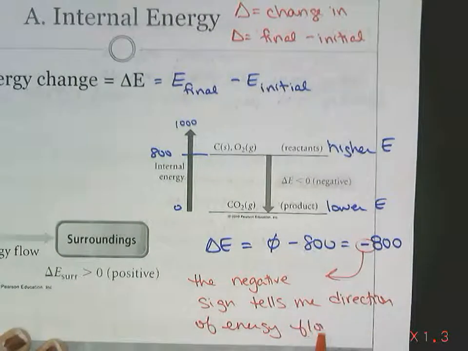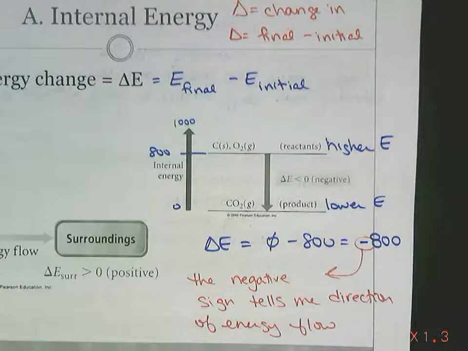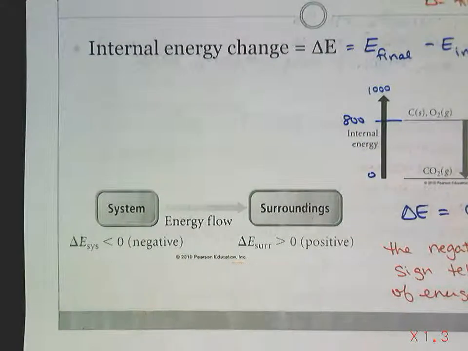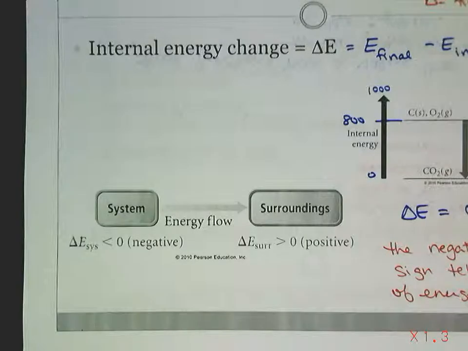So it's not saying that the universe sucked energy away into a black hole. It's telling me which direction the energy went. In this case, I started off at high energy and I didn't need that much to make my final product. I had more energy than I needed. So it is telling me that, I'll even write this down.